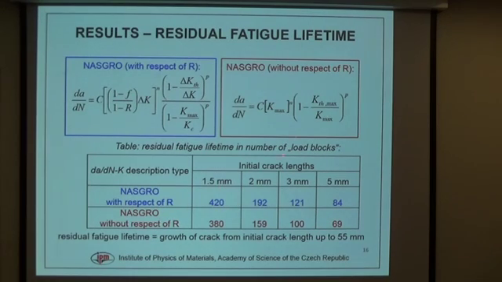And you can see that in the case when we take into account the stress ratio effect, we will obtain approximately 20% higher residual fatigue lifetime than in the case when we neglect the stress ratio and work just with the material data which were determined for the stress ratio -1.